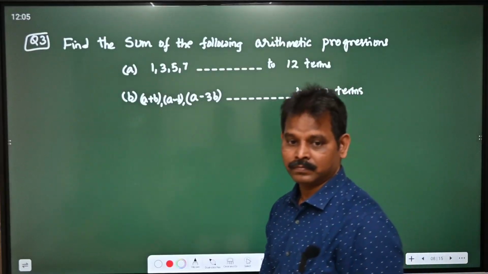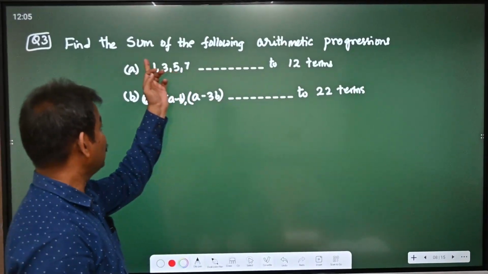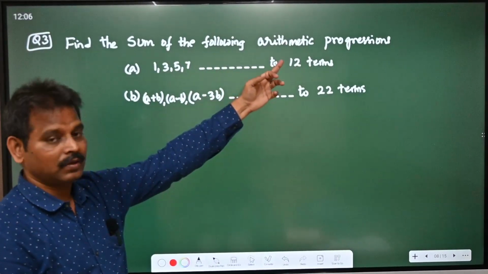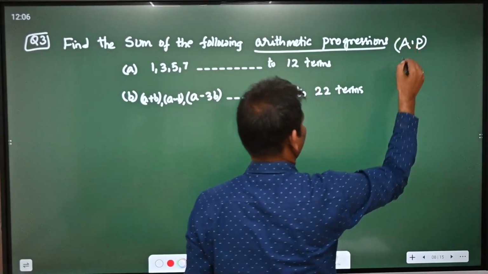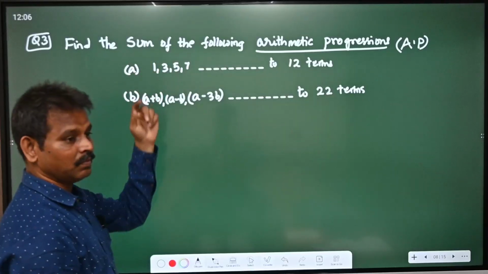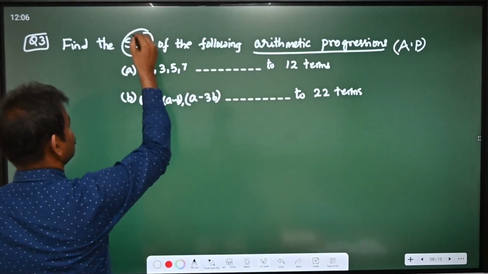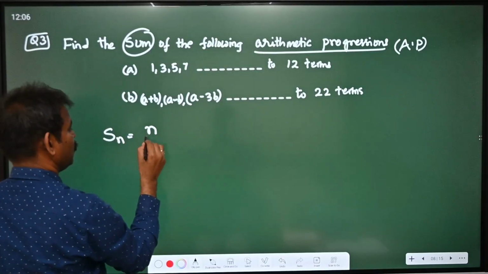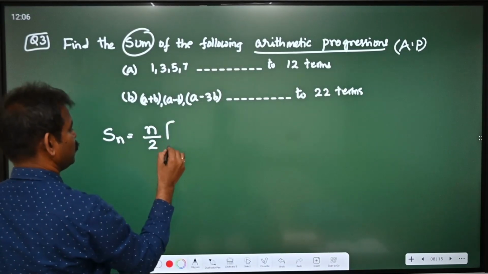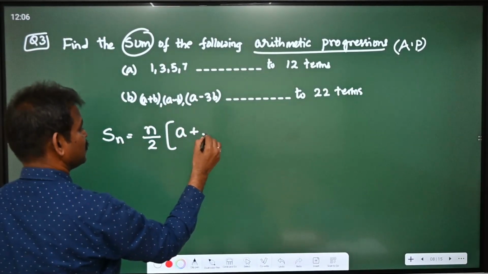Now, the third problem. Find the sum of the following arithmetic progressions. So these are APs only. In this AP, we need to find out the sum of the n terms. The sum of n terms is given by the total number of terms by 2 into first term plus last term.